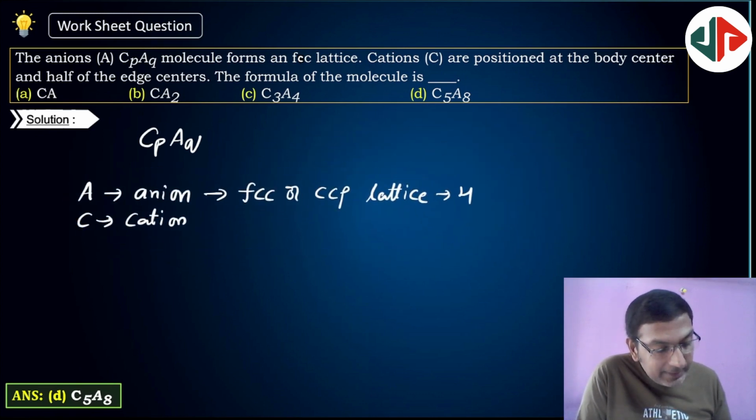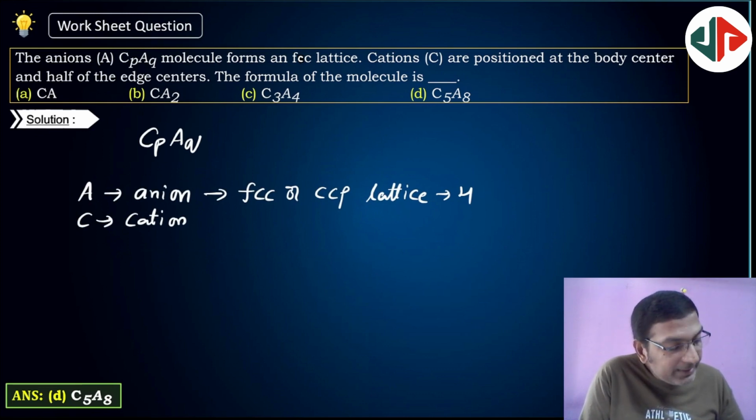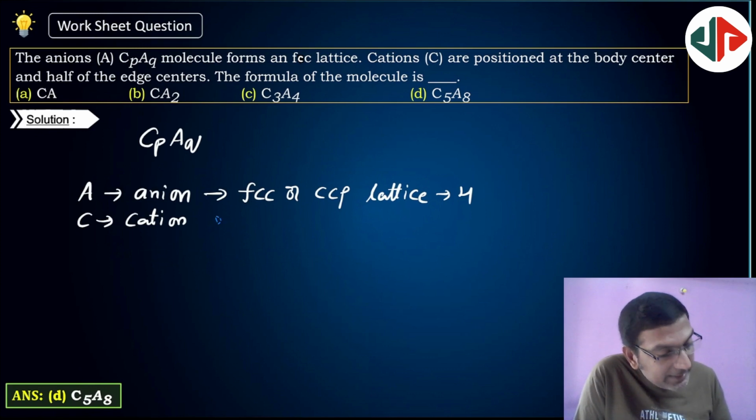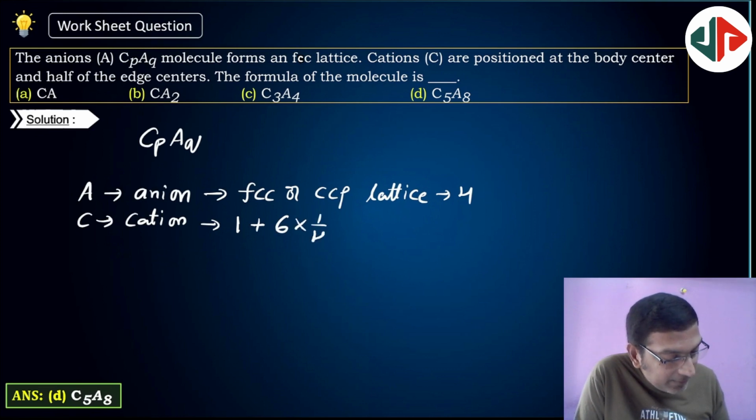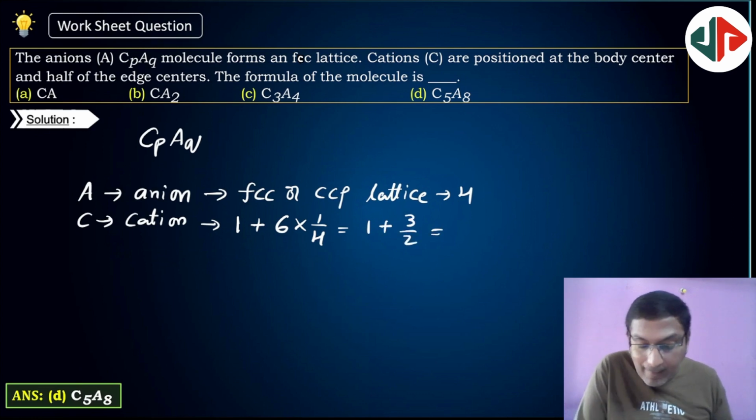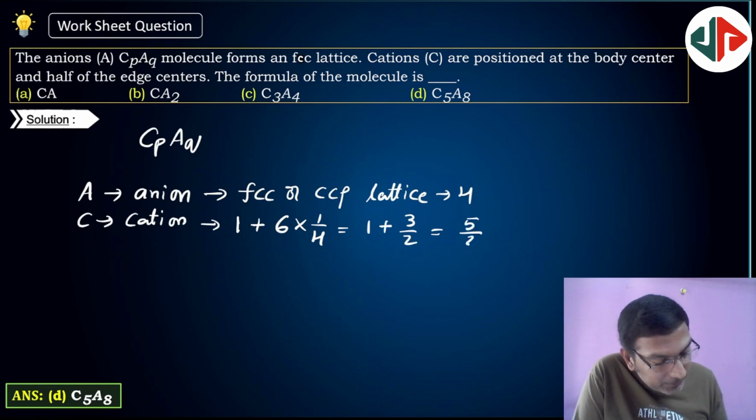Here cation C is positioned at the body center and half of the edge centers. The body center means 1 atom, plus half of the edge centers. There are 12 edges, half means 6. 6 into 1 by 4, that is 3 by 2. So 1 plus 3 by 2, total 5 by 2.